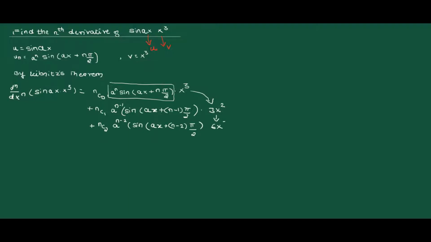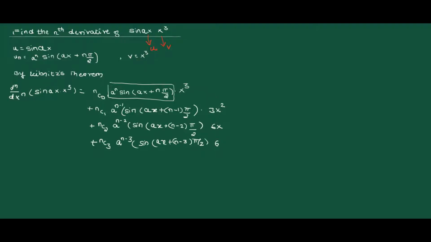It is 6x. Next, after nc2 you can write nc3. In place of n minus 2, write n minus 3, that is a raised to n minus 3 sine into bracket ax plus n minus 3 into pi by 2. The differentiation of 6x is 6.